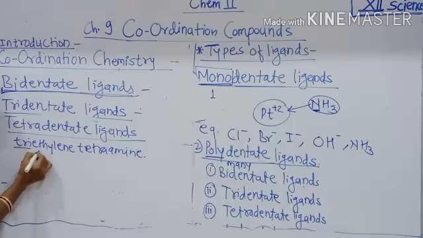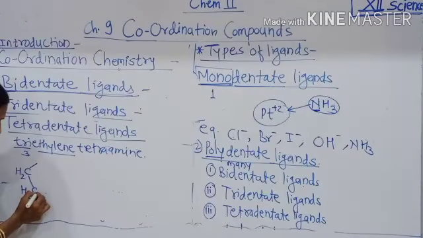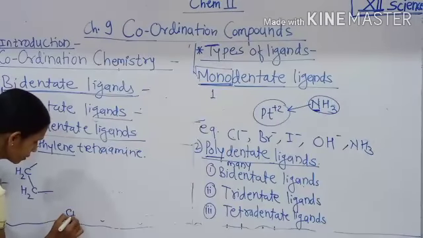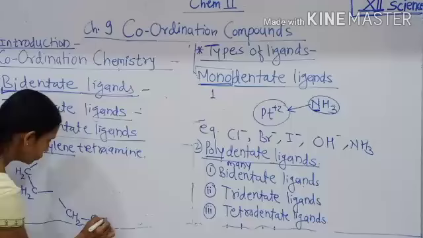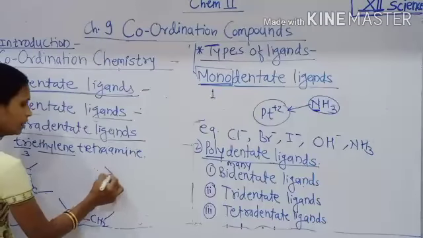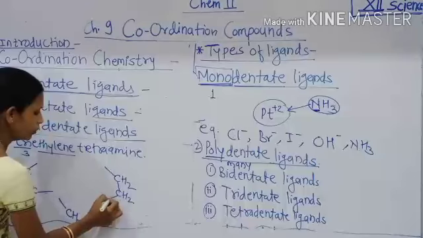See here, triethylene, tri means 3, ethylene, that means there are 3 ethylene groups, that is dash CH2 dash, one more ethylene group, dash CH2 dash, and another, dash CH2 dash.